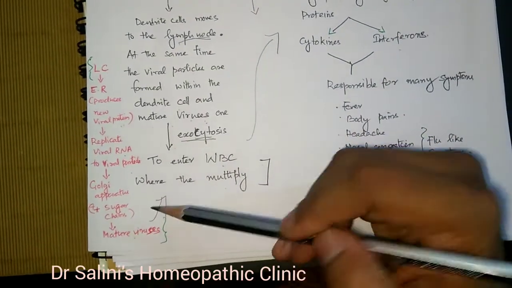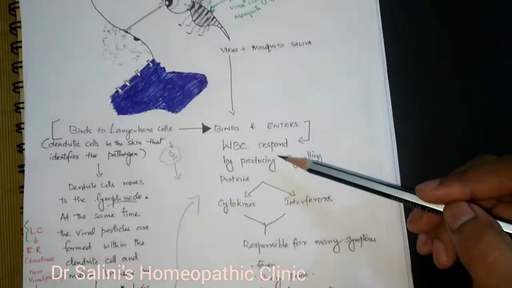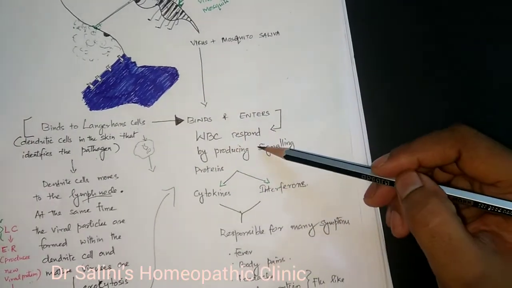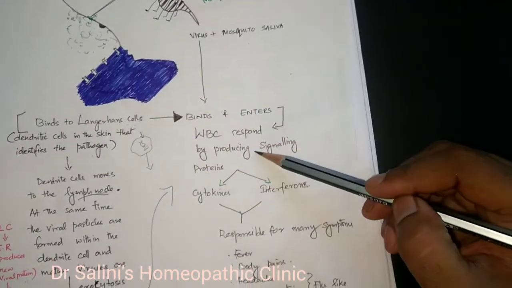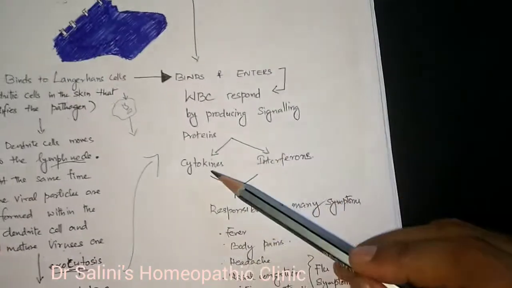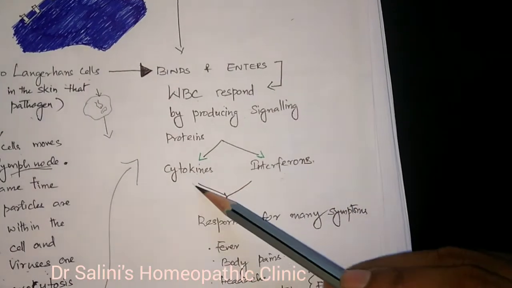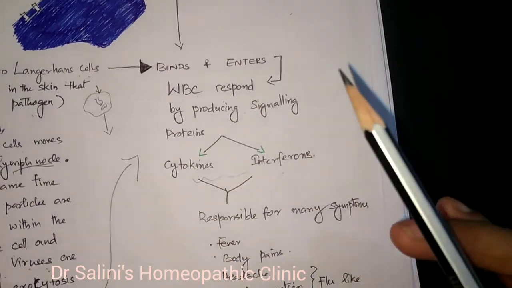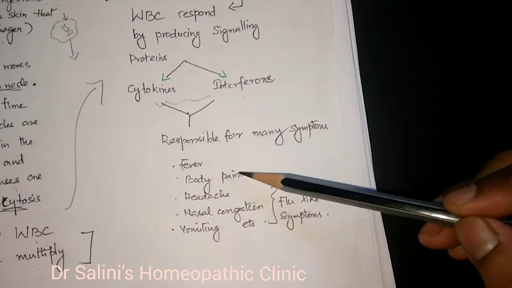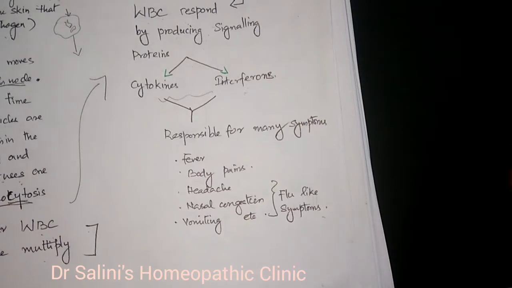So these mature viruses, once they enter the WBC, will start to multiply. Now these WBCs carrying the virus will respond by producing signaling proteins. Two types of signaling proteins, cytokines and interferons. These two signaling proteins are responsible for symptoms like fever, body pains, and other flu-like symptoms.